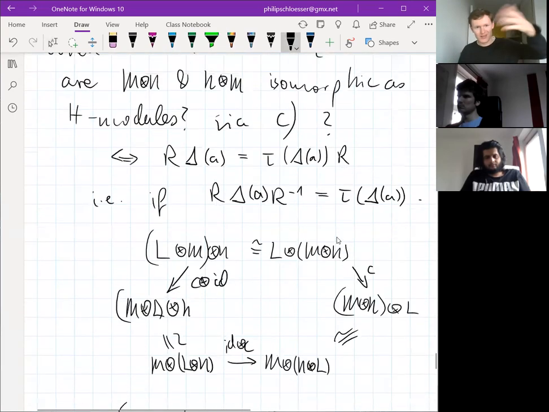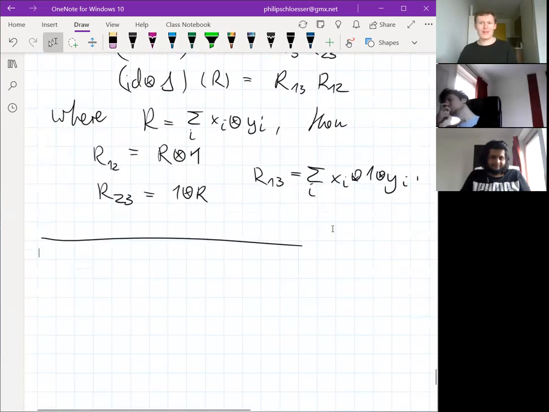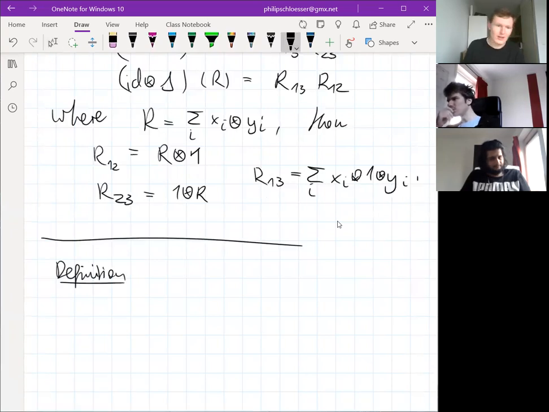So again, those were our considerations. What kind of definition can we extract from that?